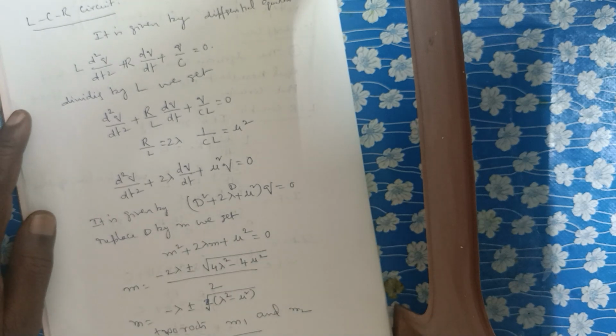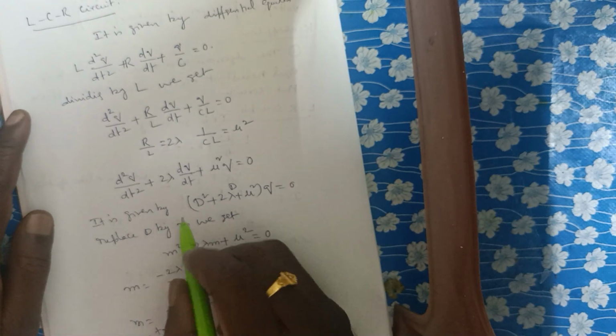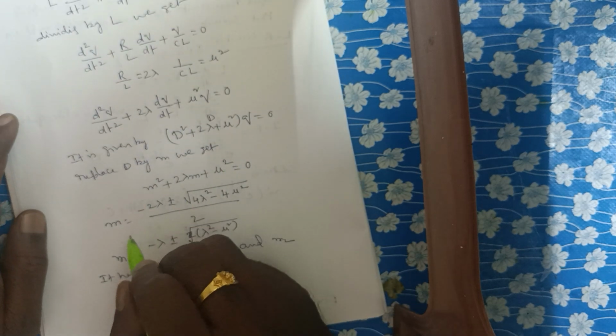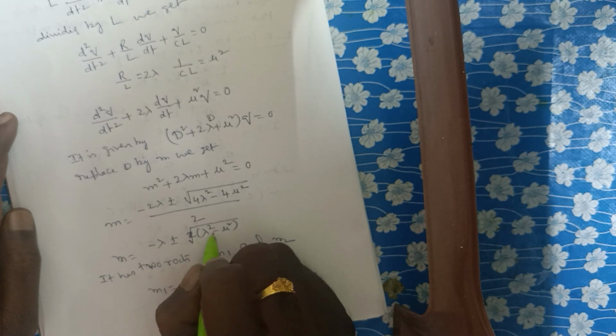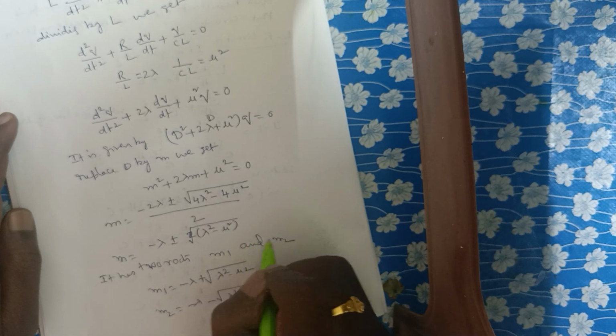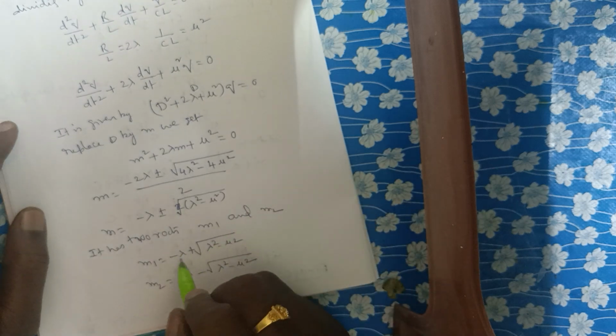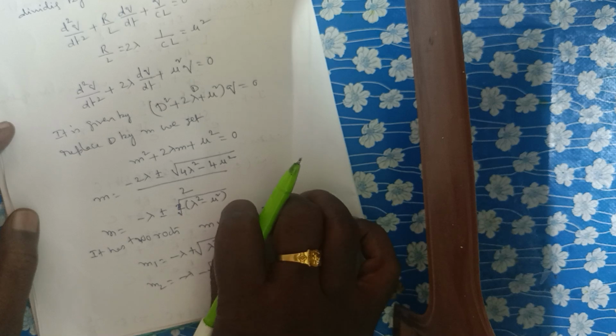Replace D by m, then we get m square plus 2 lambda m plus mu square equal to 0. Solving this auxiliary equation gives m is equal to minus lambda plus or minus square root of lambda square minus mu square. It has two roots m1 and m2, one root is minus lambda plus the root, another root is minus lambda minus the root.